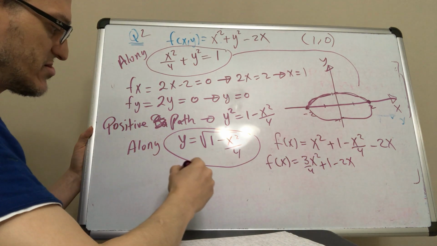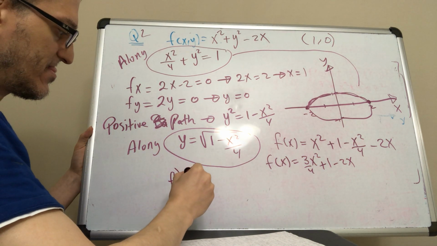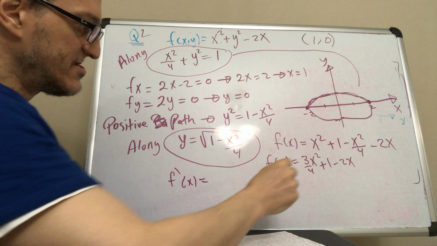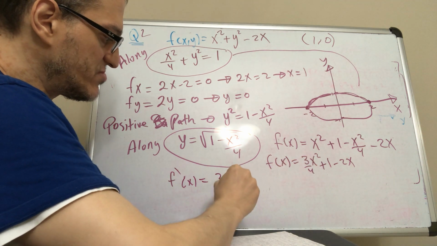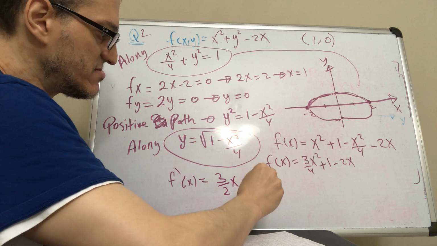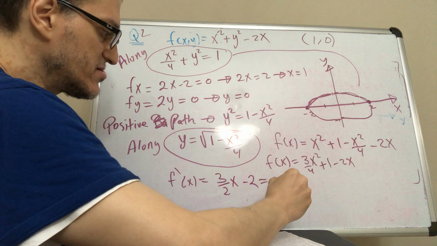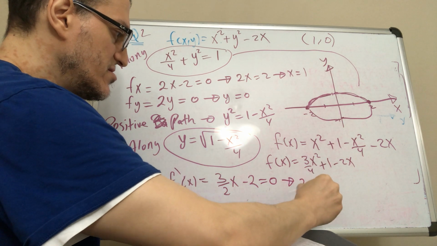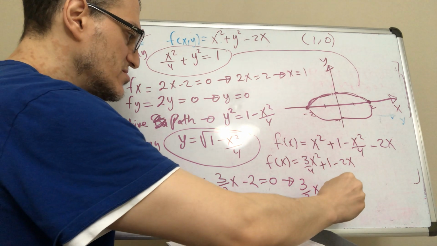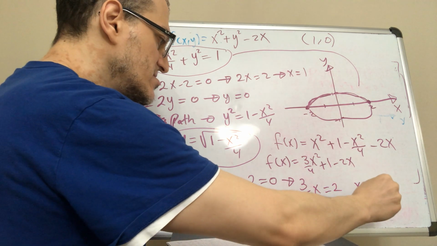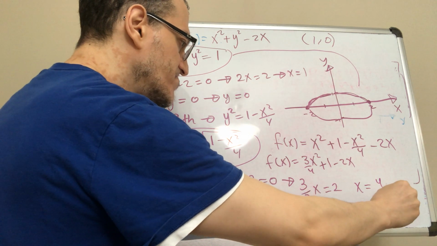We find the critical for this. The derivative would be 3 over 2 x minus 2 set to 0. 3 over 2 x equals 2. x equals 4 over 3.